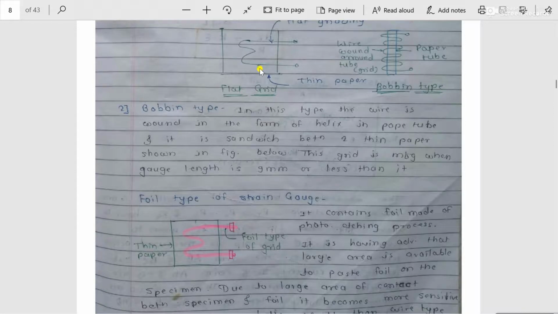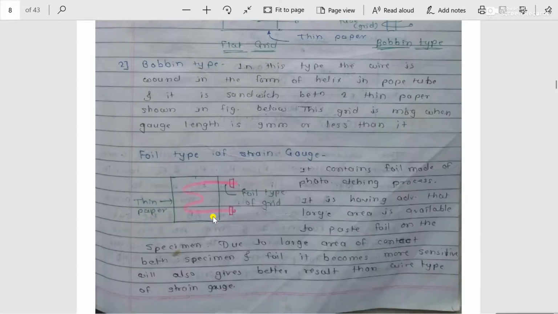If a wire is spread on any horizontal surface, there is only line contact, that means very little contact between the specimen and the wire. But if a foil is spread on a horizontal surface, as it has some thickness and some width, there is a large area of contact between the specimen and the foil. These foils are prepared by using the photo etching process.